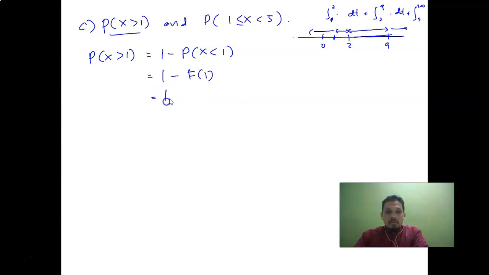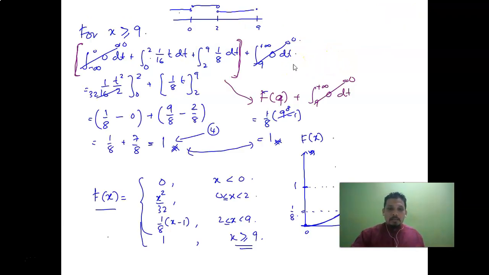So 1 minus, which function is involved between 0 until 2? This one, from 0 until 2, the function of x squared over 32.